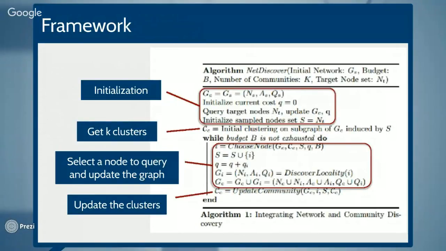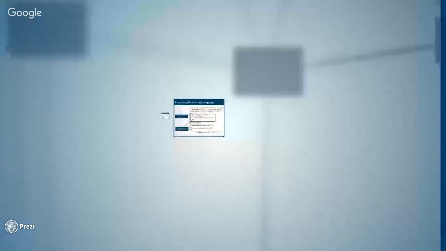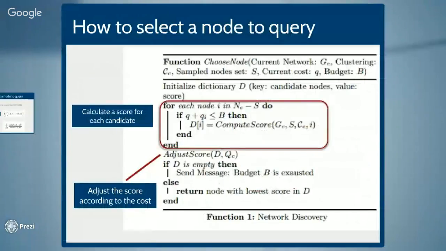This is the broad framework of this approach. We start by initializing the parameters, and we iteratively find a node and update its communities until our budget is reached. This is the approach we use for choosing the new node. We compute a score for each node that's in the feasible region. The feasible nodes are depicted by NC minus S, that is, the nodes that are still visible but have not been queried so far.